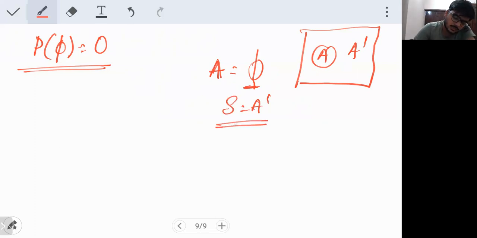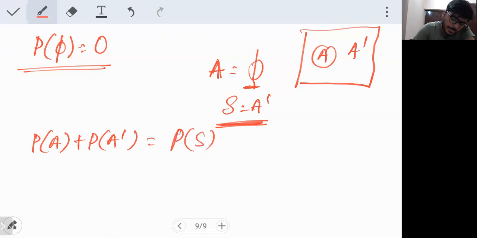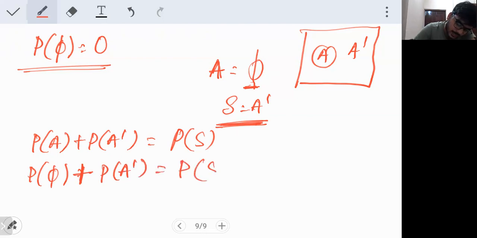So for this, we can say the probability of A plus the probability of event A dash will be equal to the probability of S, right? So the probability of the null set plus the probability of A dash is equal to the probability of S. And since A dash is the sample space, this implies the probability of the sample space will be equal to the probability of A dash, right?